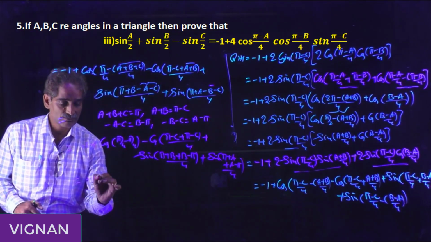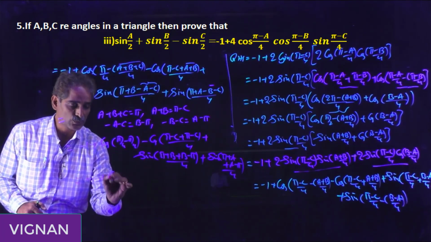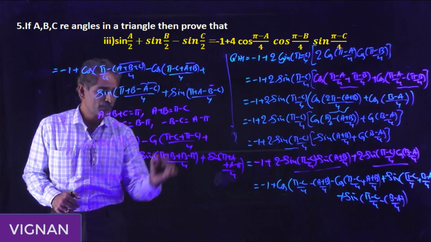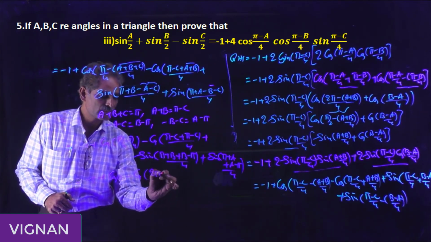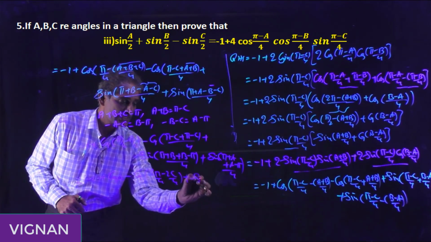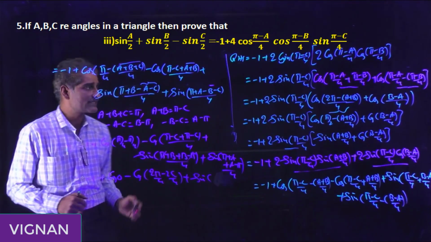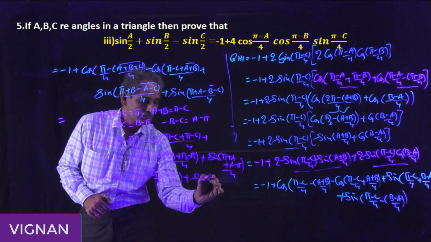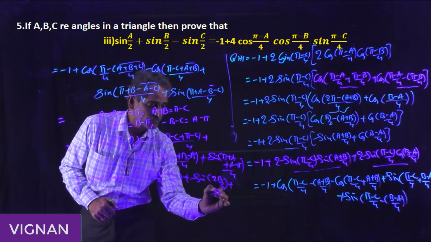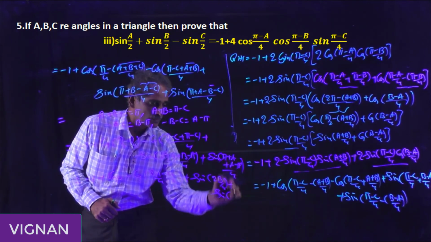So here minus 1 plus cos 0, which is 1, cos of (2 pi minus 2C)/4 plus sin of, pi will get cancelled, 2B by 4 plus sin of 2A by 4.